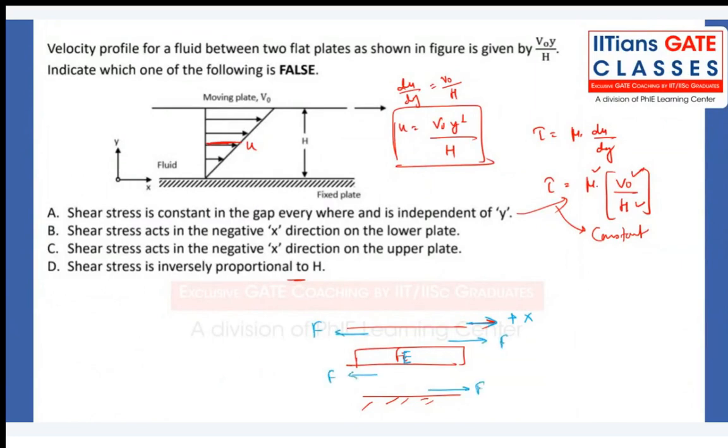So that statement is false, right? And what about statement C? Shear stress acts in the negative x direction onto the upper plate. That is correct. Yes or no, guys? Now, can I move to the next one?